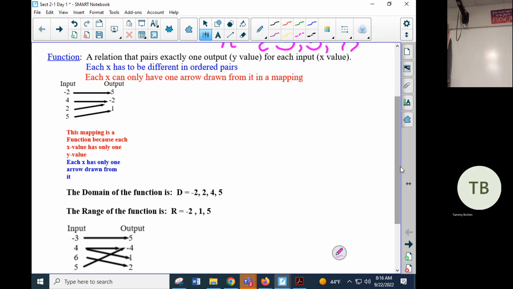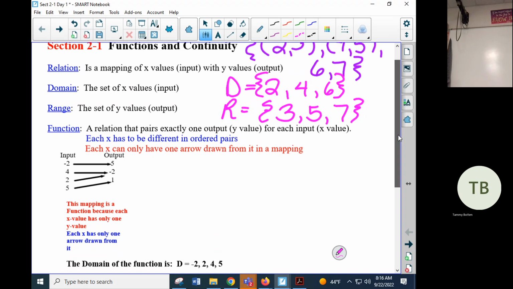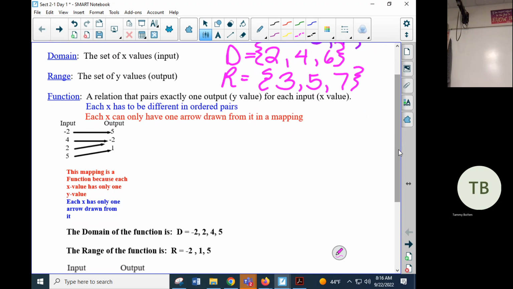Okay, so for something to be a function, every X has to be different. So every X has to be different in your ordered pairs. If you were to look at mine, notice all of these are different, so that would be a function. Okay, this is kind of what a mapping looks like.